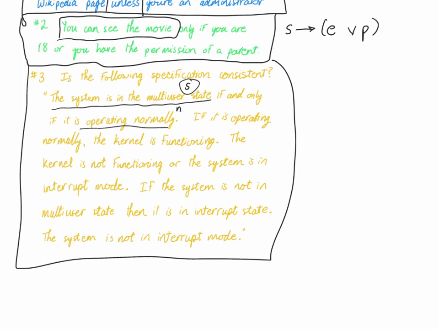That is represented by N. Again, I don't know if this is what the book is using, so it should be pretty straightforward to use whatever the book requires you to use. So anyway, if it is operating normally, so that's something we've already labeled, the kernel is functioning. So I'll label that with K for kernel.